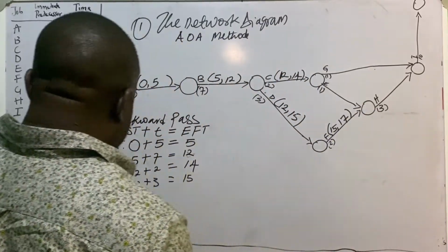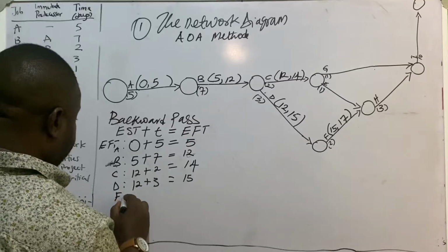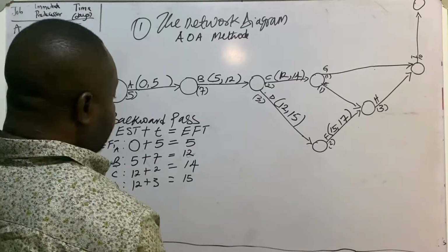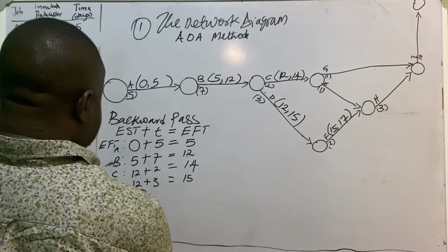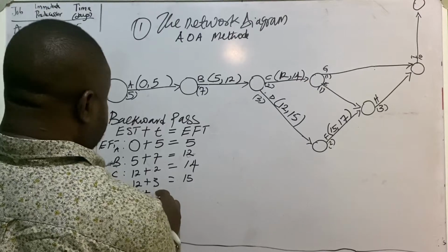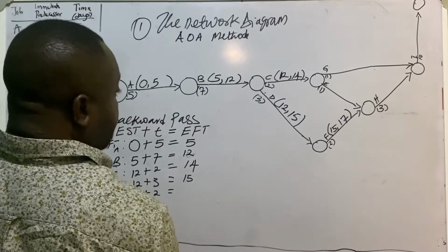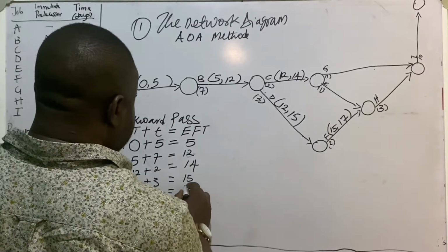So for activity F, we'll have 15 plus 2, which is 17.